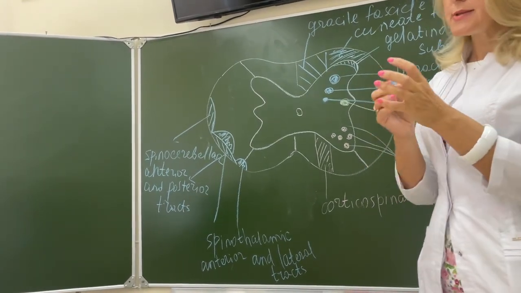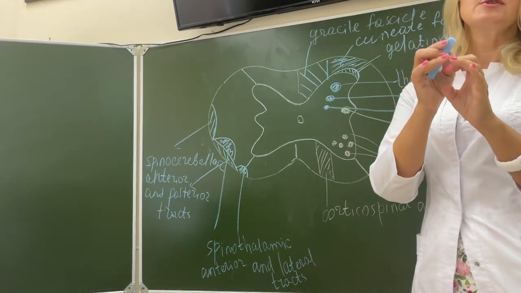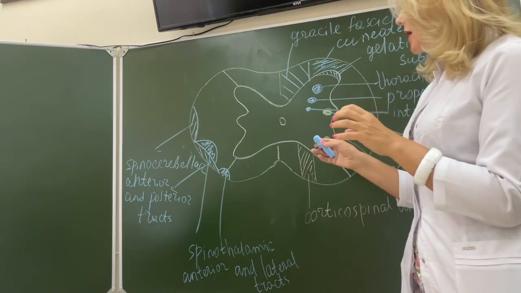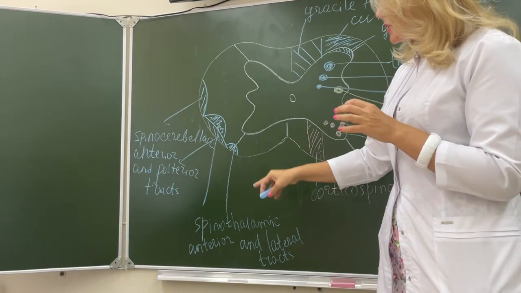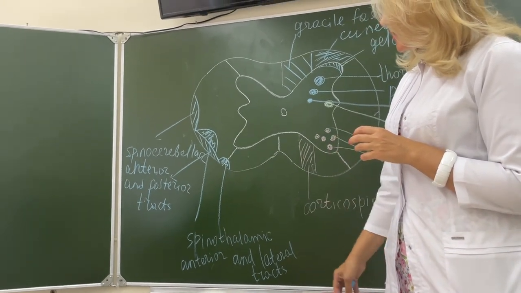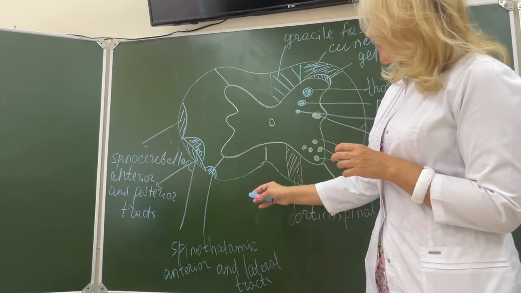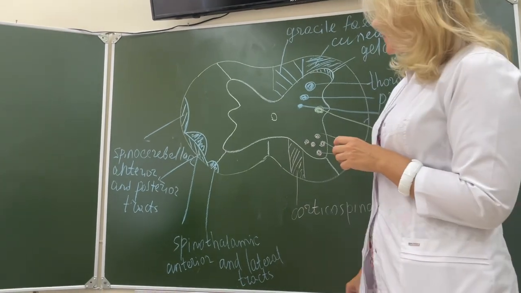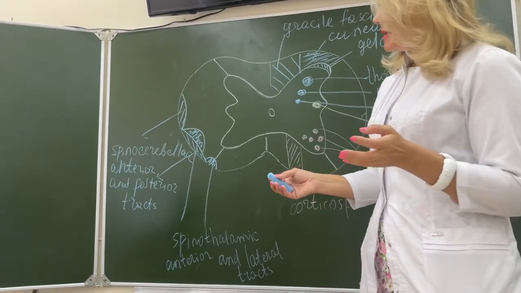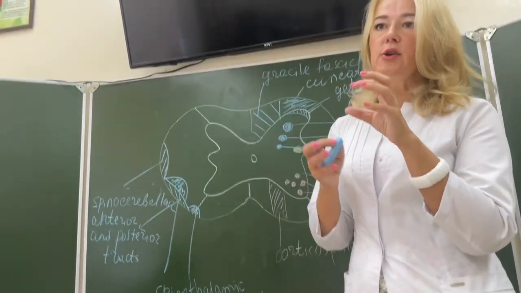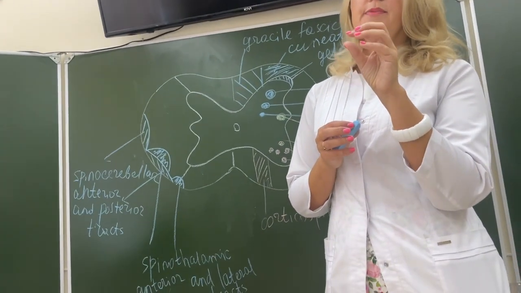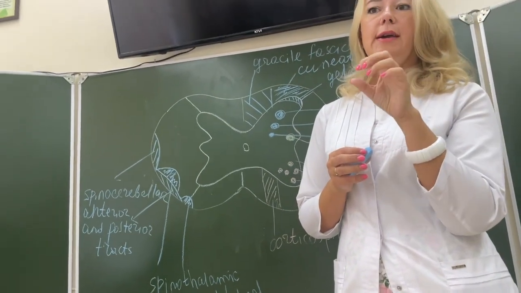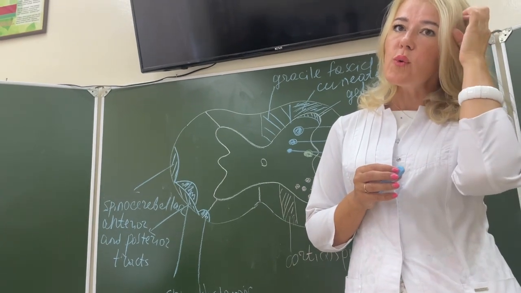It means that pain, temperature, and touch, which are related to the thalamus, are impulses passing through these tracts. For example, when you touch a very hot object, you take your hand away without thinking about it.